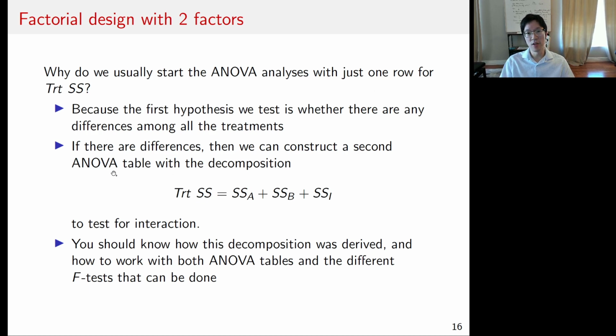And if there is, then we can follow up by constructing a second ANOVA table that breaks down the treatment sum of squares into three components, and from there we can test for whether there is interaction. So make sure you review this decomposition and know how to work with those ANOVA tables, and that you know what all the different F-tests are that we can do using those ANOVA tables.